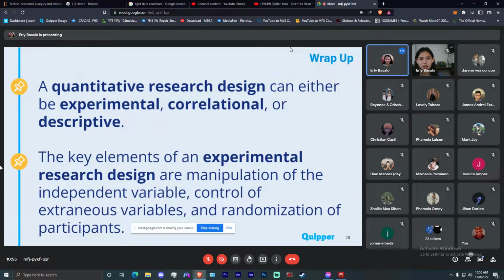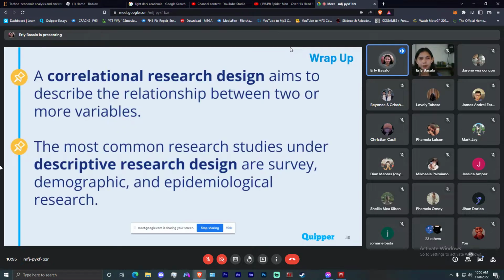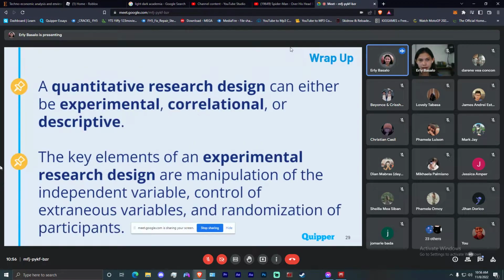Okay. Again, the three major types of quantitative research design are experimental, correlational, and descriptive. Either the three of this mentioned research design ang inyuhang gamiton sa inyong research design.